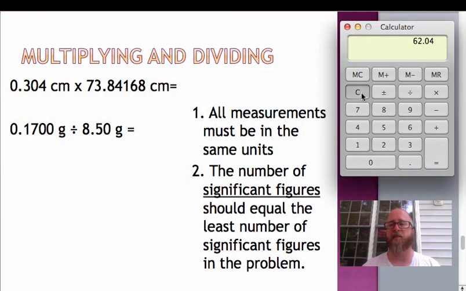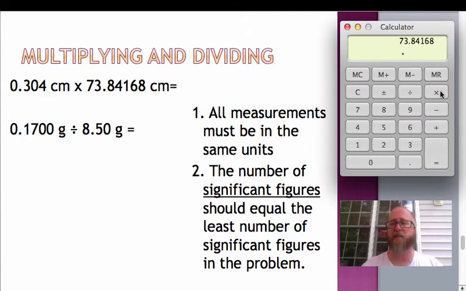All right, so here we go. Let's look at the first one. We have 0.304 centimeters times 73.84168 centimeters. Let's put that in the calculator. So 0.304 times 73.84168.